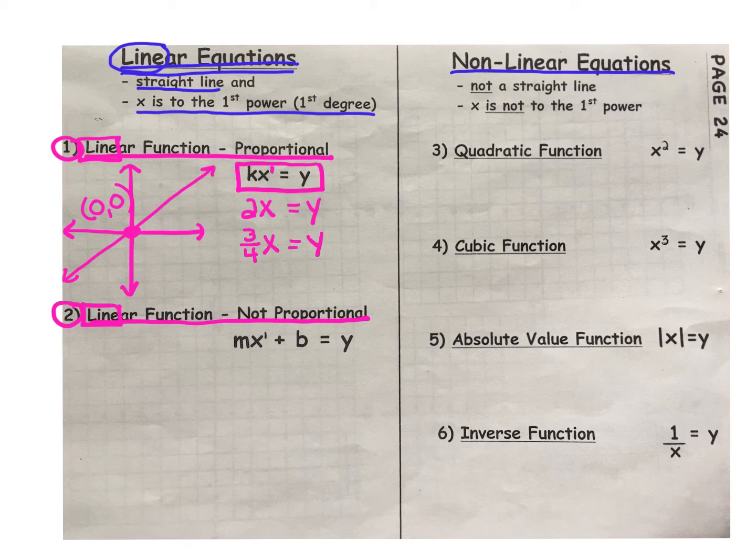Or maybe even a decimal. 2.35 times x equals y. But notice there's no b value, no y-intercept. That's because in this particular case, your intercept is 0.